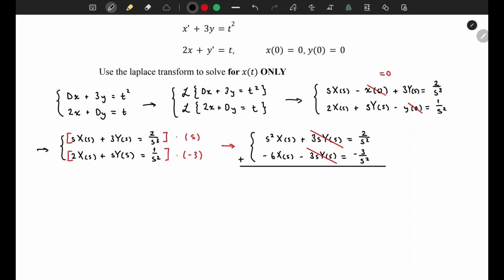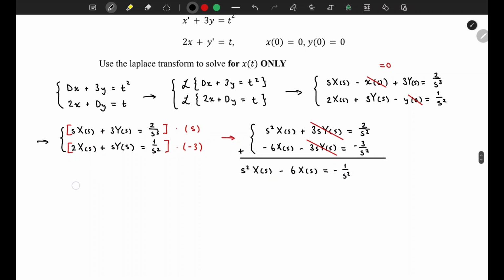So what we're left with is s squared X of s minus 6X of s is equal to 2 minus 3 over s squared, which 2 minus 3 is equal to negative 1. So we're left with negative 1 over s squared on this side. So this is what we have now after adding these equations.